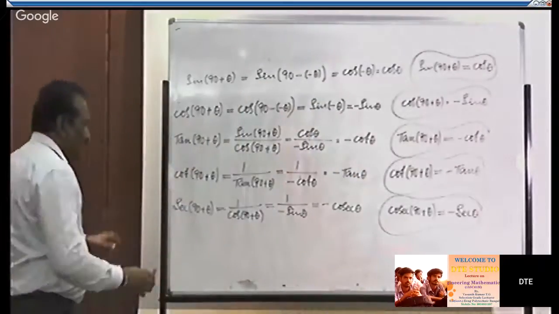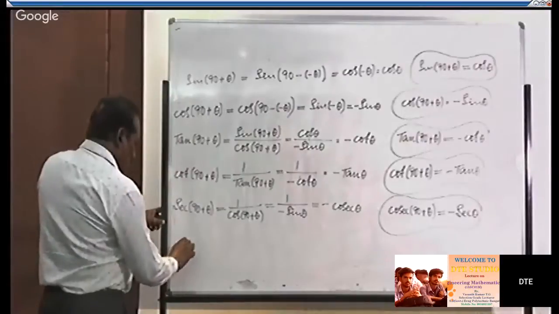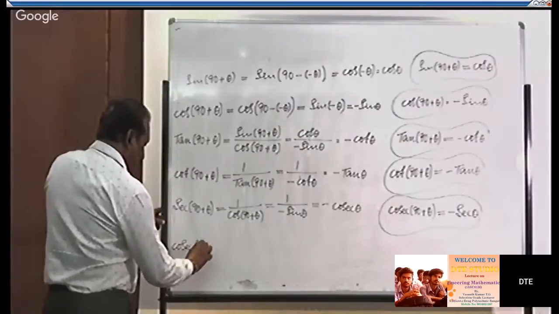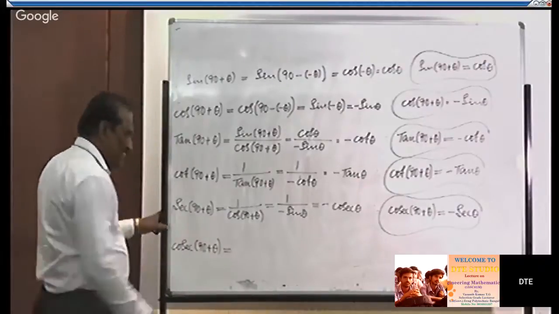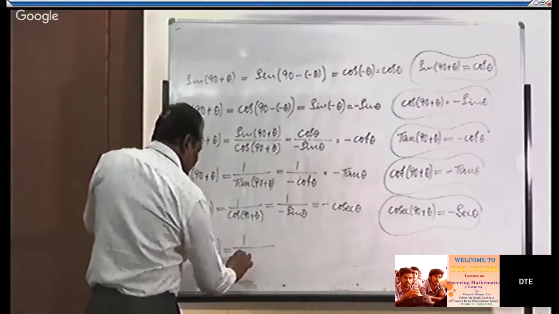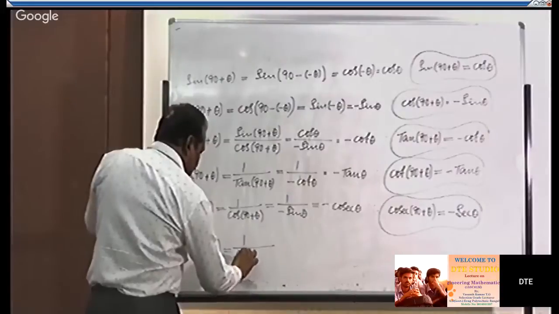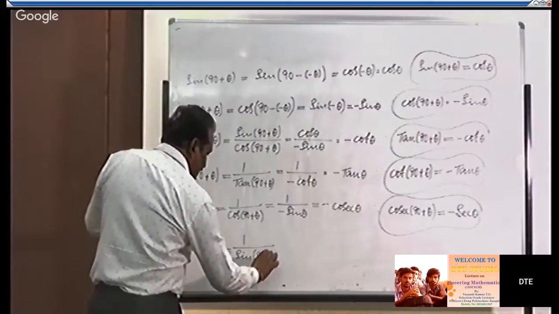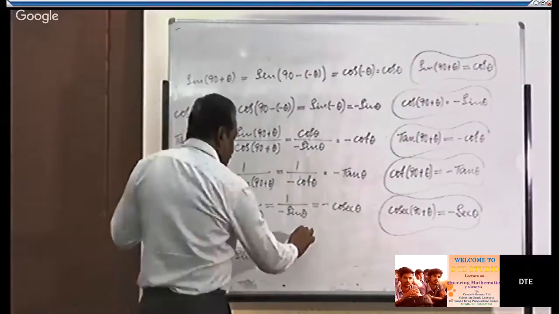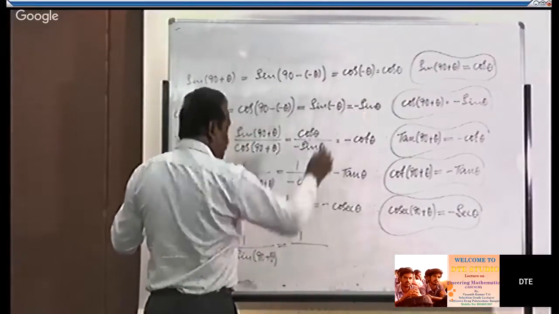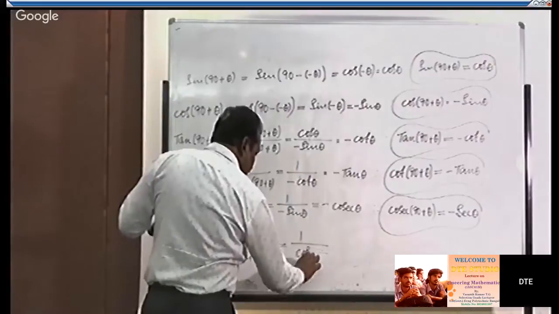Right? So last, cosecant of 90 plus theta. We know that cosecant is a reciprocal for sine. It is 1 by sine of 90 plus theta, which is equal to 1 by, we proved sine of 90 plus theta is cos theta.